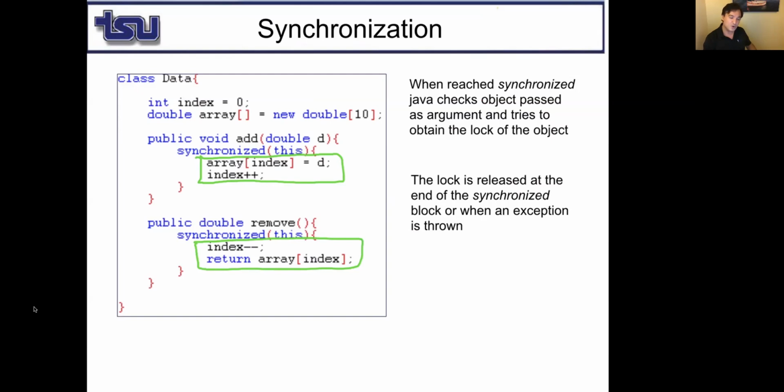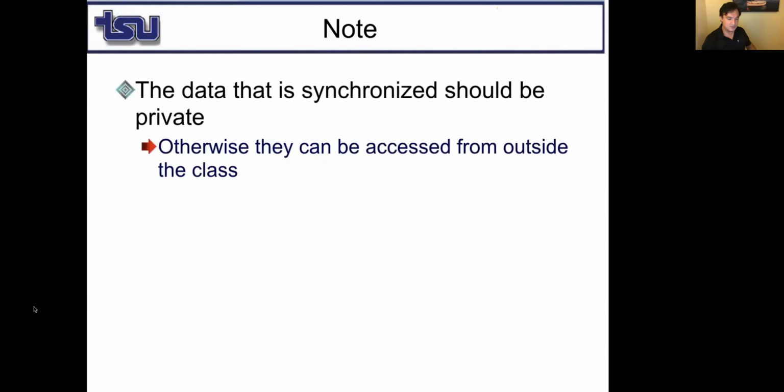So whoever is the caller of this add method is this, okay? So then the lock of that object will be obtained. That means until this block is executed, that object cannot be accessed by anybody else. Okay? All right.